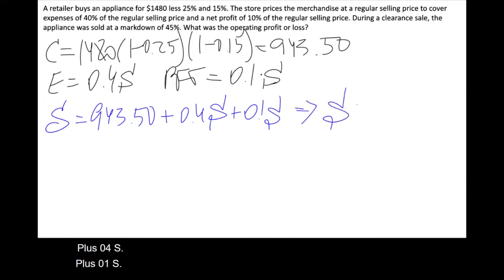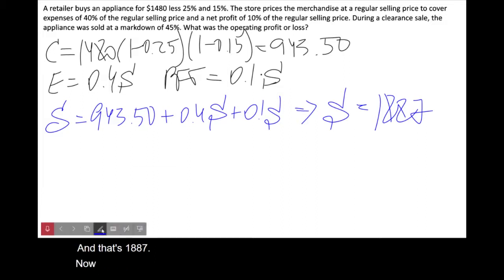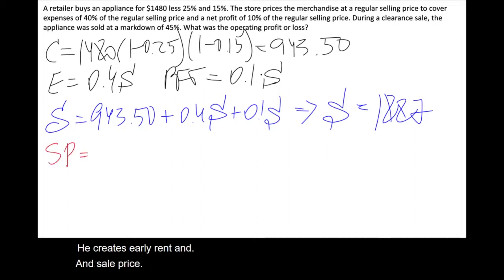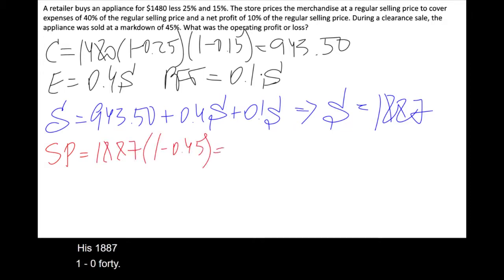From here, S, let me calculate, that's 1887. Now we create the sale event and sale price is 1887 times 1 minus 0.45. 1037.85, that's the sale. Now profit.